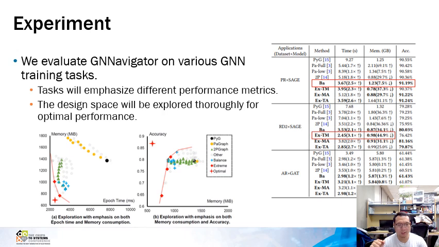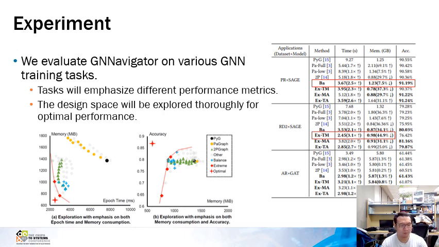GNNavigator generally achieves similar or superior performance compared to baselines across various GNN training tasks, denoted as balance. GNNavigator can further improve training performance in certain metrics with a marginal trade-off in others, which is marked as extreme in the table.